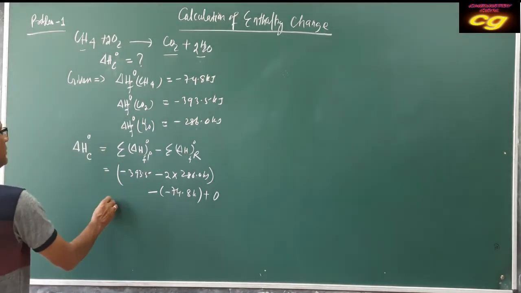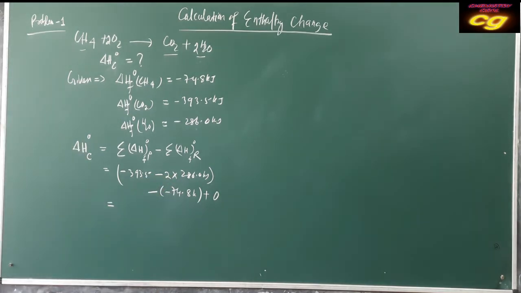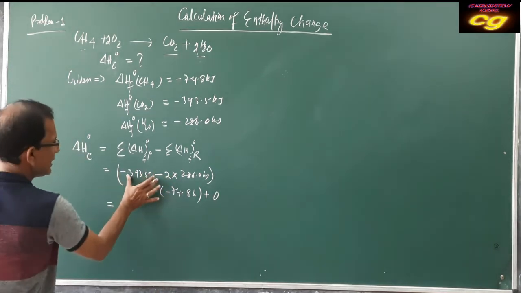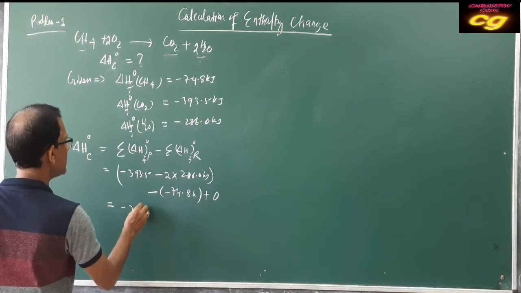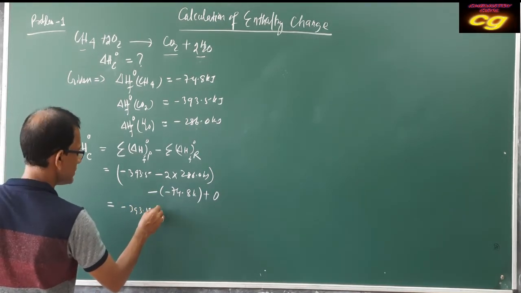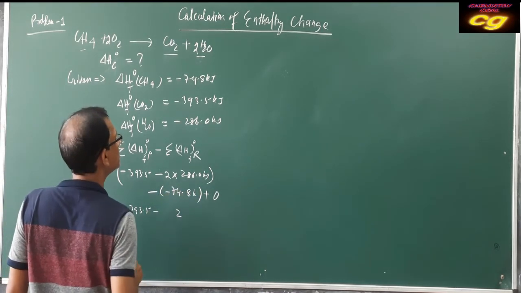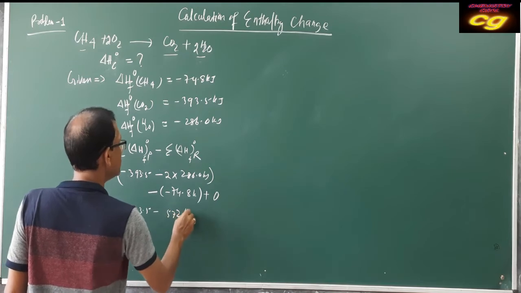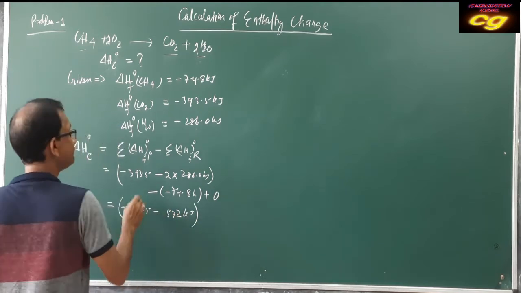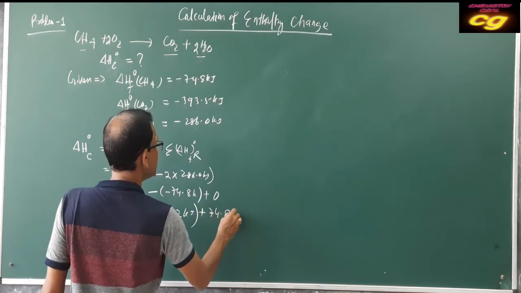Now calculate the result. Minus 393.5, minus 2 times 286, and minus minus 74.8 becomes plus 74.8 kilojoule.